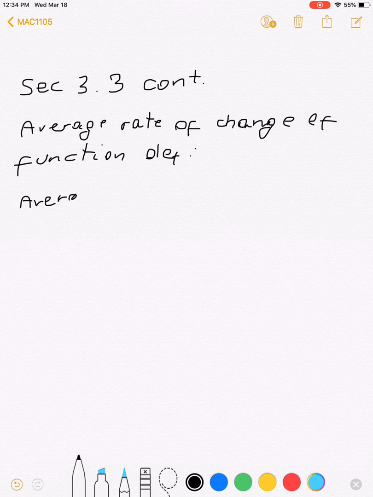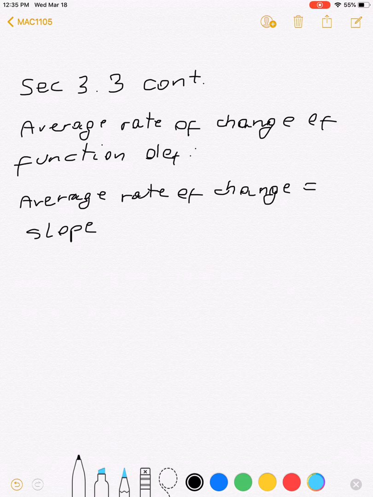So again, average rate of change is the same as slope. And you're going to see the notation delta y divided by delta x, which means change of y over change of x.